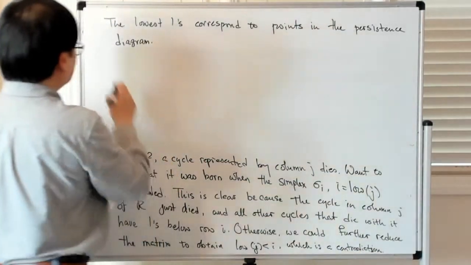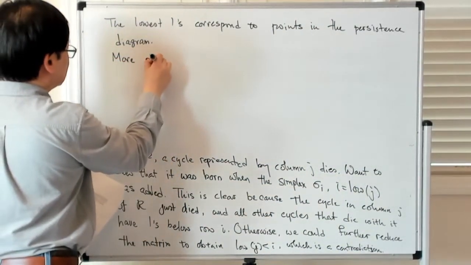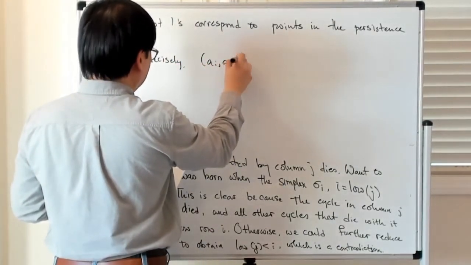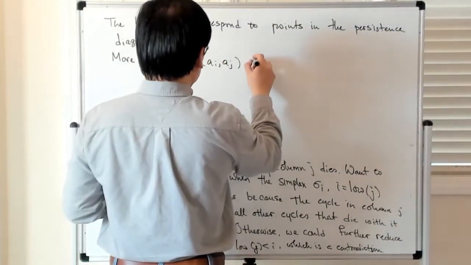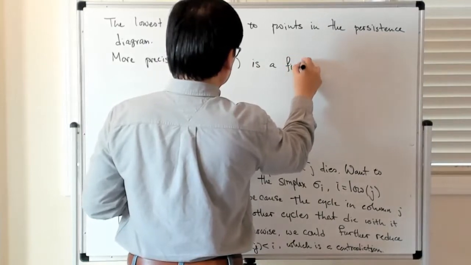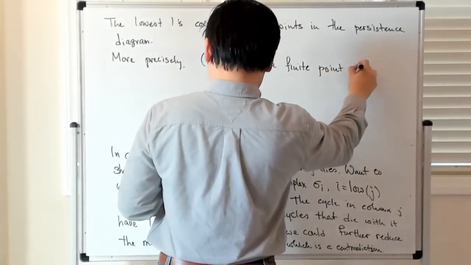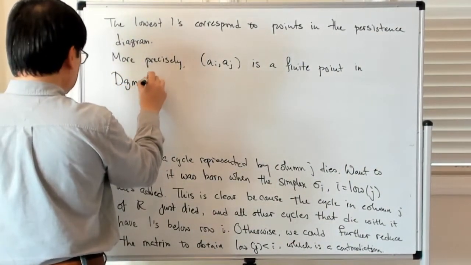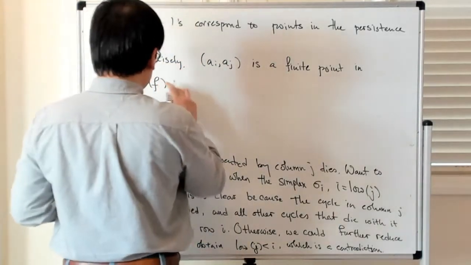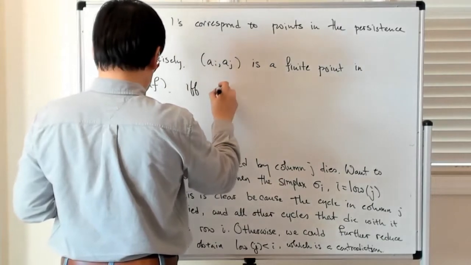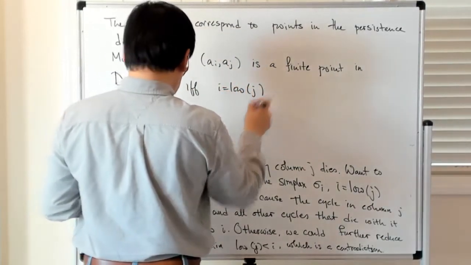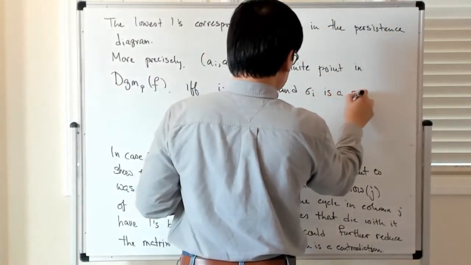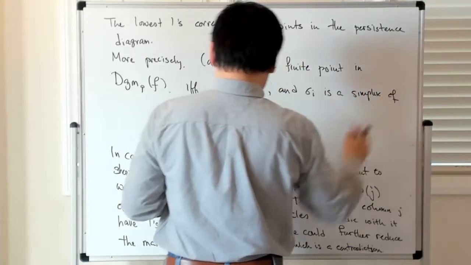More precisely, (a_i, a_j) is a finite point in this diagram if and only if I is equal to low J, and sigma I is a simplex of dimension p.